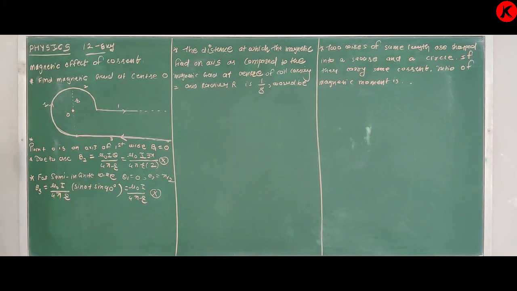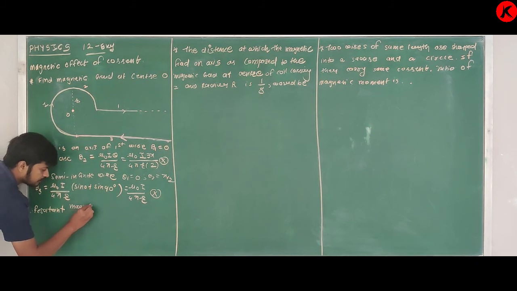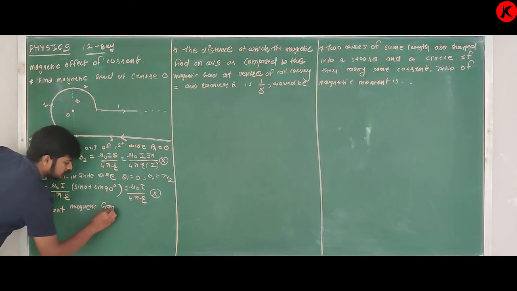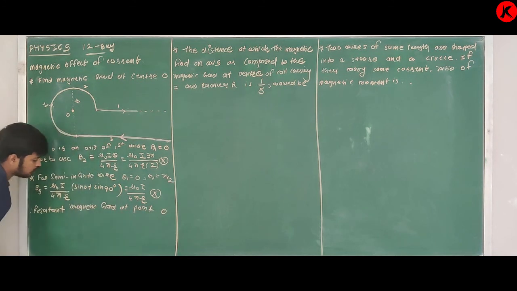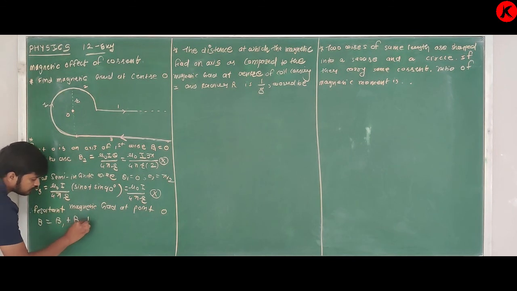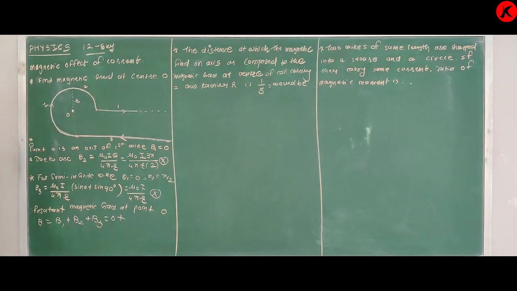So what is the resultant magnetic field at point O? Therefore, the resultant magnetic field at point O is B equal to B1 plus B2 plus B3, that is 0 plus the others.